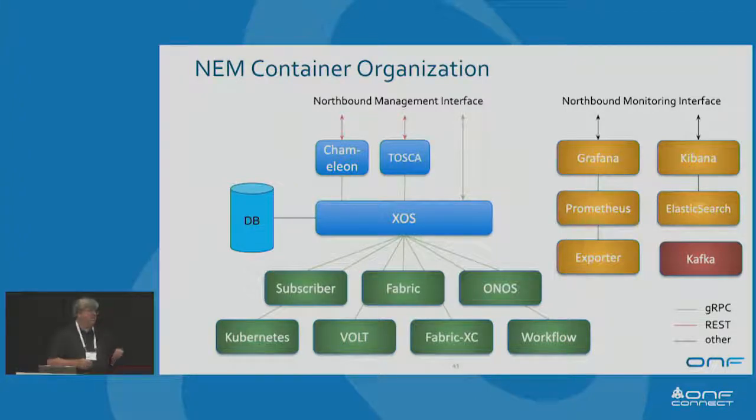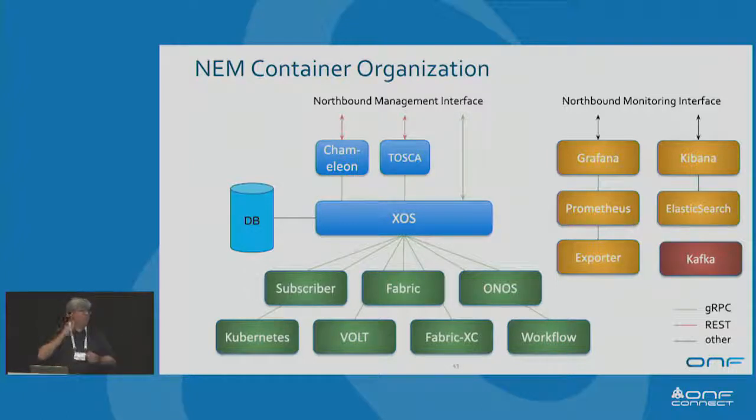So to extend XOS so that it knows how to talk to the fabric, for example, there's a fabric service. To extend XOS so that it knows how to program cross connects through the fabric to connect the OLTs via Volta to the BNG, we have a fabric cross connect service. We have the Volt service, which is managing the virtual OLT abstraction through Volta and ONOS.